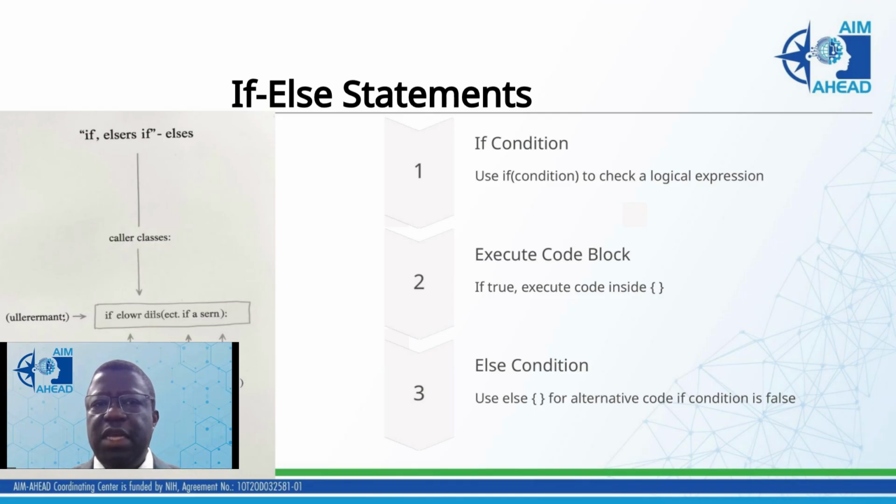When satisfied, the code enclosed within the braces is executed. 2. Code block. This section comprises the code that is executed if the preceding condition holds true. It can encompass any valid R code. 3. Else condition. This directs the program to execute a designated code block when the if condition evaluates to false.